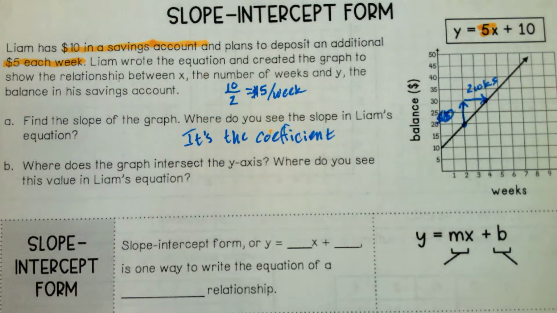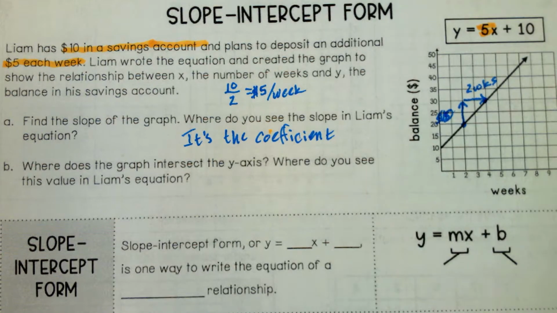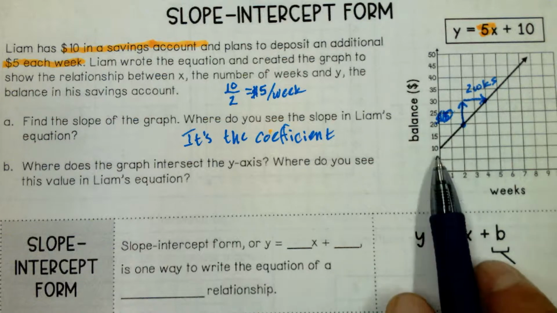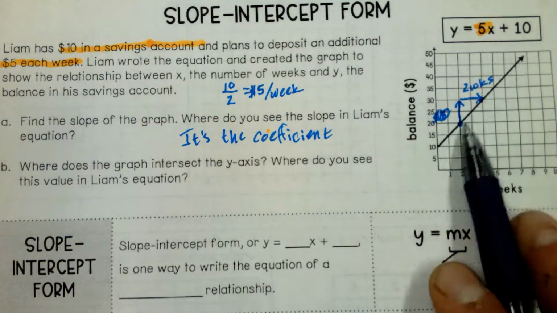Part B, where does the graph intersect the y-axis? So where's it crossing the y-axis? At what number? Here's a line.